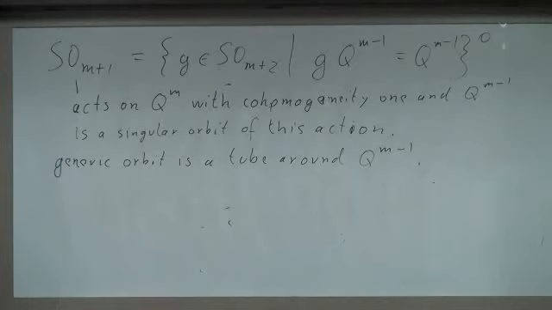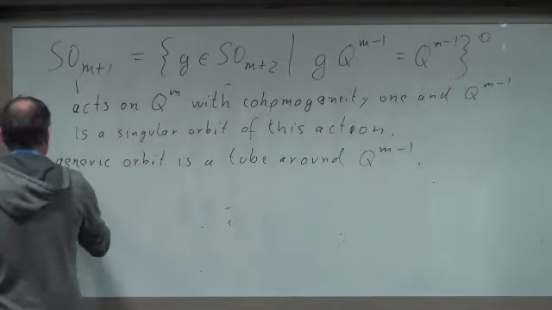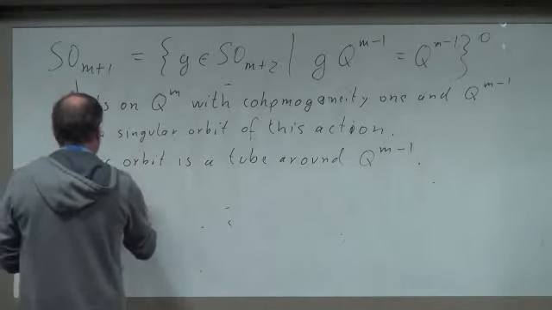This must have two singular orbits. One we identified. This is actually how we constructed the action. This is the quadric, and one can work out the second singular orbit. I don't want to do this, and now just give this to you as information.